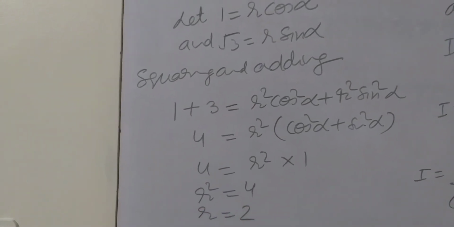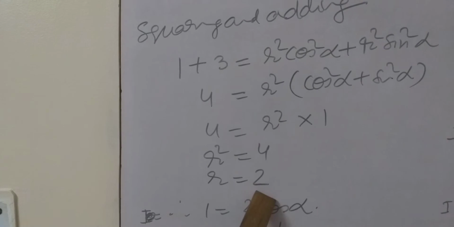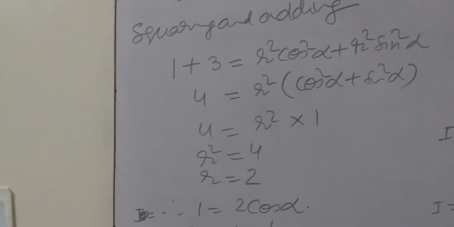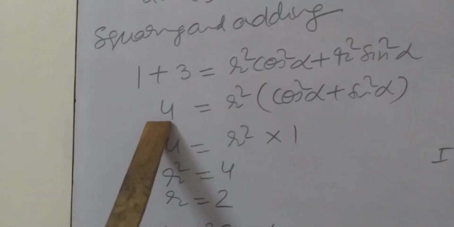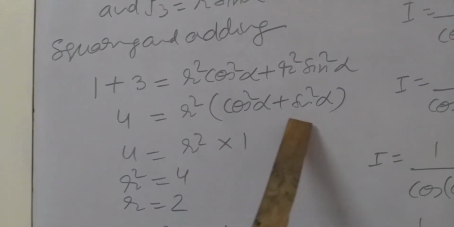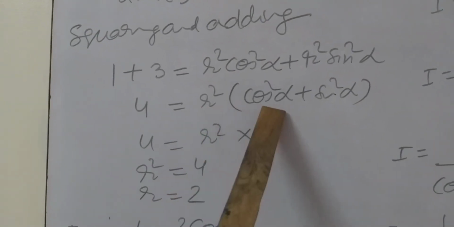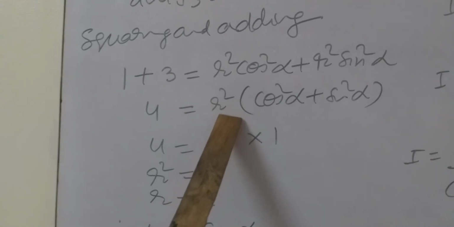R equals 2. Now the question is why we have taken r equals 2, not plus minus 2. Because you can see 4 equals r square times cos square alpha plus sin square alpha, and all terms have squares, so it should be positive.